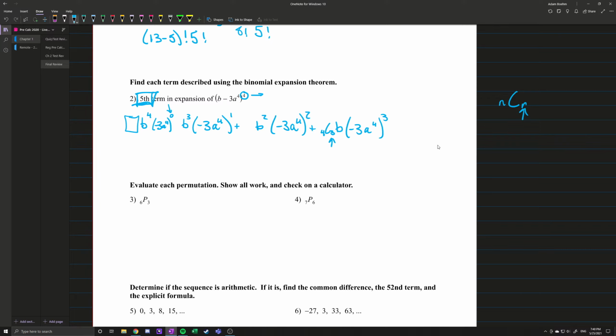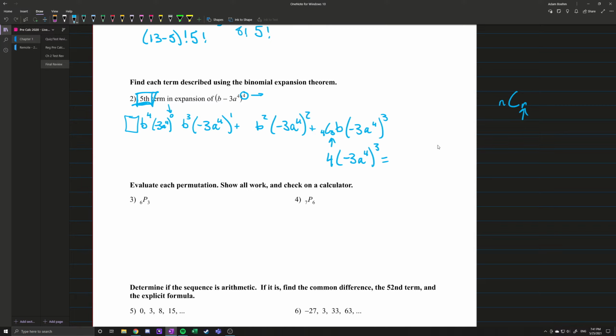So if we just do that, 4 choose 3. Again, if you want to do this in a calculator, to get to the combination, you hit math, go to probability all the way to the right, and it should be the third option. Type in 4 choose 3, we get 4. So this is going to be 4 times negative 3a to the fourth cubed, which ends up being, it's asking for the fifth term.